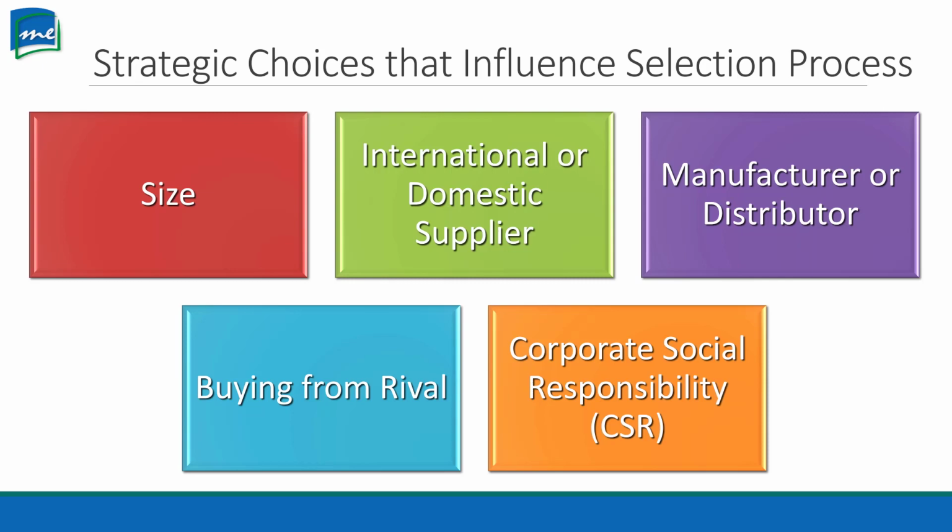Now, we've talked about corporate social responsibility in another topic, but think about the other company and the values of your company. Do they line up? Is your supplier going to aid in your strategic mission based on their corporate social responsibility? Are they sourcing sustainably? Are they fair when it comes to their contracts?